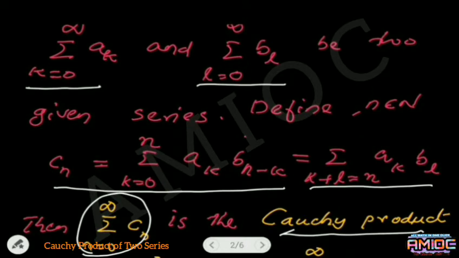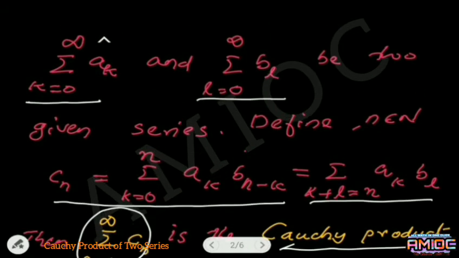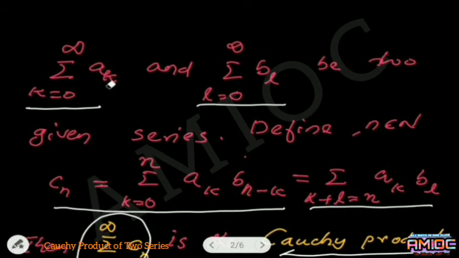Now, we have formed a new series, summation n equal to 0 to infinity C_n, which is the product of the given two series summation k equal to 0 to infinity a_k and summation l equal to 0 to infinity b_l.